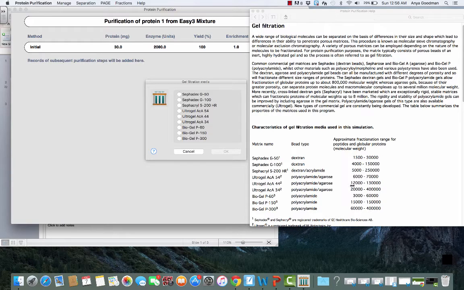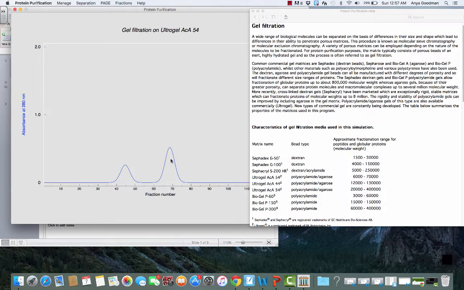And there's a broader one, 12,000 to 130,000, and 20,000 to 400,000. So for proteins that are 40 and 20, we should probably use ACA 54. So I'm going to choose that, say OK, and voila, we got 2 peaks.